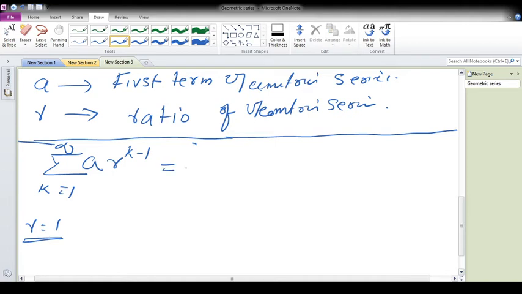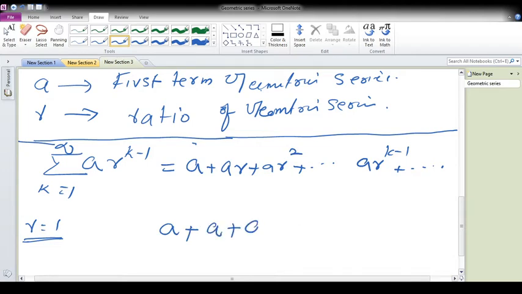This can be written as a + ar + etc. + ar^(k-1) + etc. Taking the common ratio as 1, we get the geometric series a + a + a + a + etc.